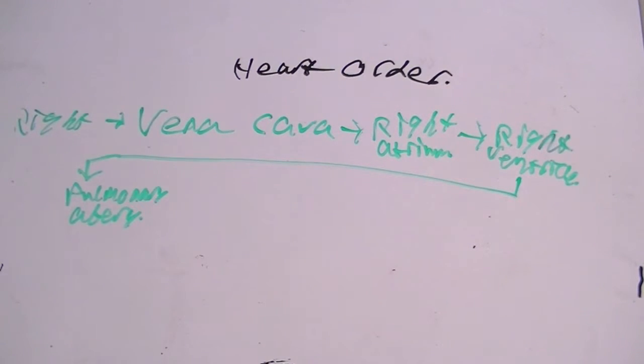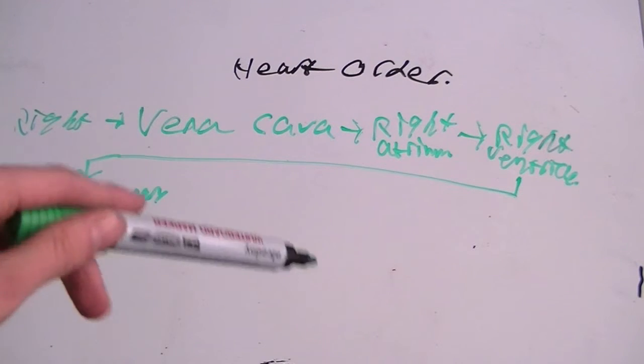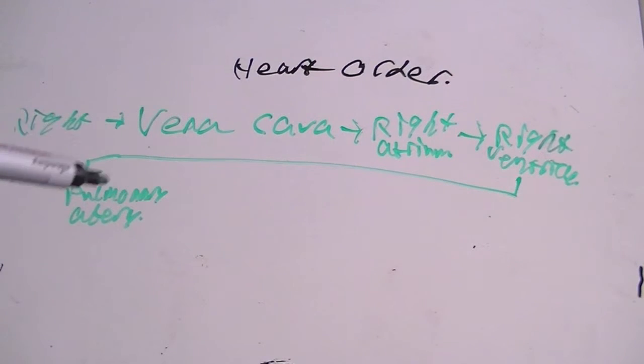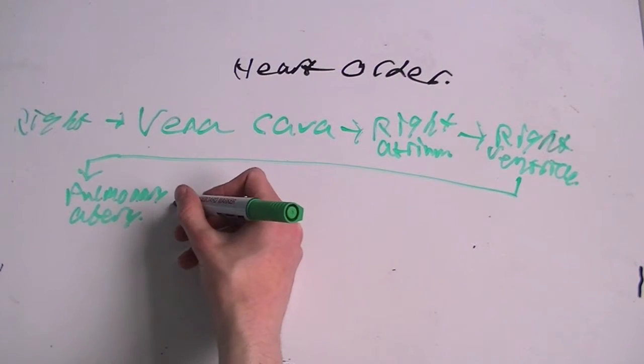Now the reason it will do that is because, remember, this blood is trying to get oxygenated, so it wants to go to the pulmonary artery, because this pulmonary artery will take the blood to the lungs where it can gain oxygen, okay? So this pulmonary artery will then go to the lungs.